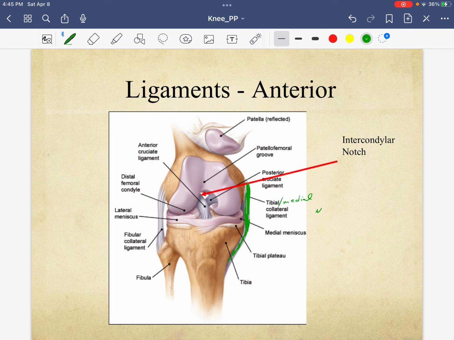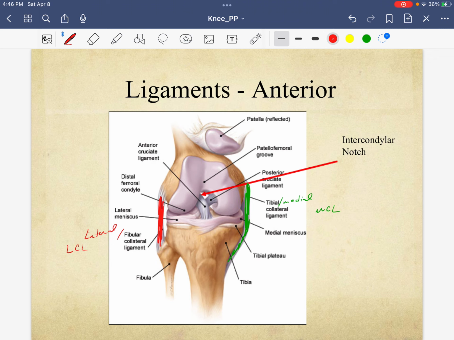So the MCL runs on the inside of the knee joint. I can tell it's the inside here because it's the same side as the tibia. And then the LCL runs along the outside and attaches to the head of the fibula. You could call it the fibular collateral or lateral collateral, LCL.